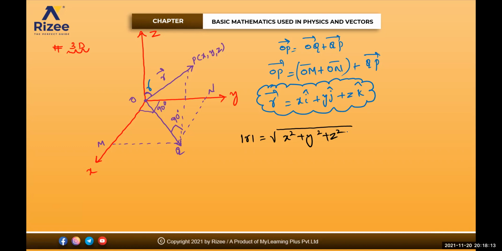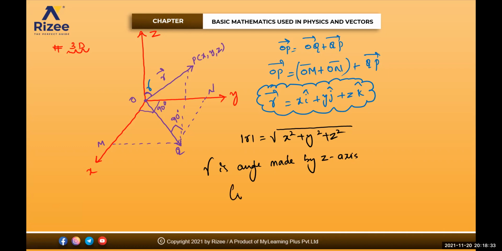Now come on, tell me the angles made by this one. Gamma is the angle made by what? Z axis. Gamma is the angle made by the Z axis.